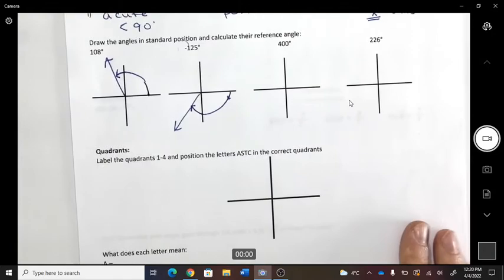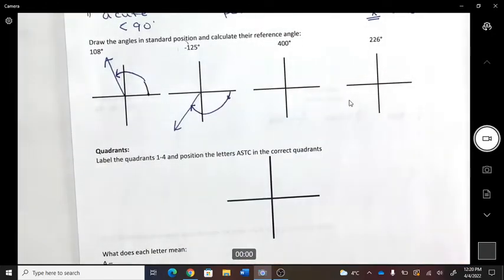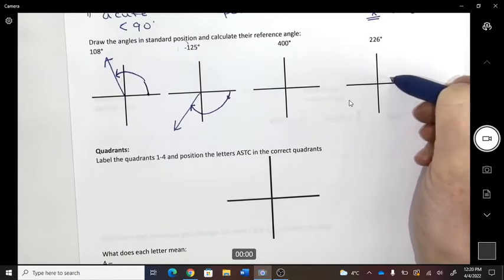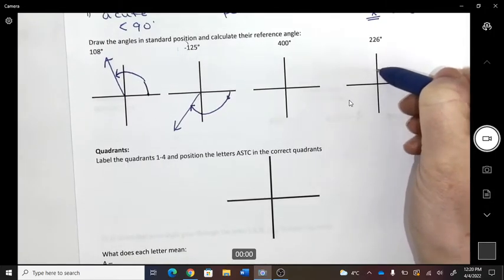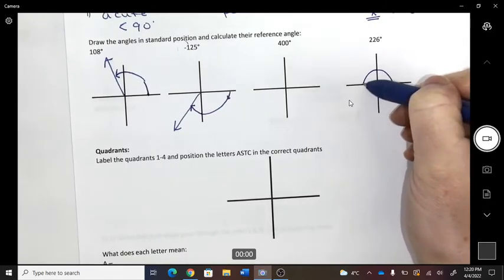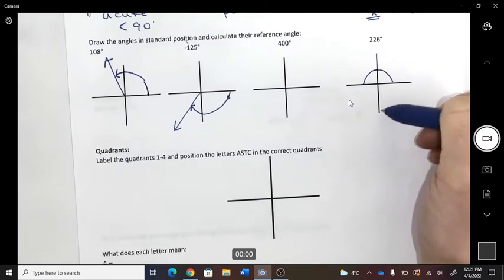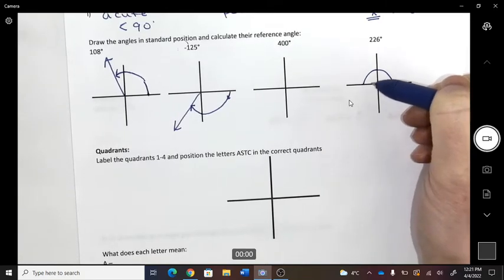Okay, let's go to number 4, and then I'll do this one last. So 226. Okay, so I know if I rotate here, that's 90, 180. What would be the next big number? 270. Well, that's too big.